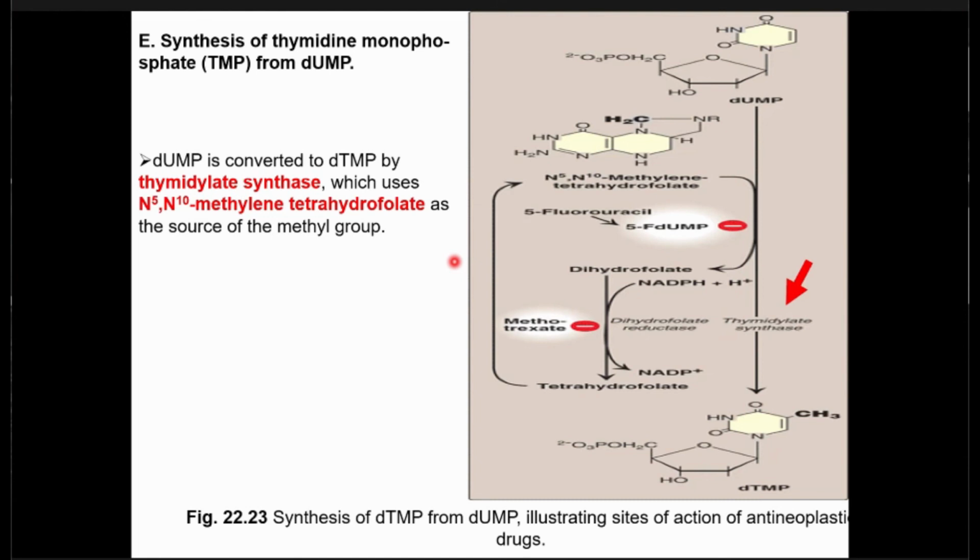This is the reaction for the synthesis of thymidine monophosphate. You get it from UMP. I expect you to know, when I ask where you get your dNTP, that it comes from the NDP, and the enzymes that are involved.